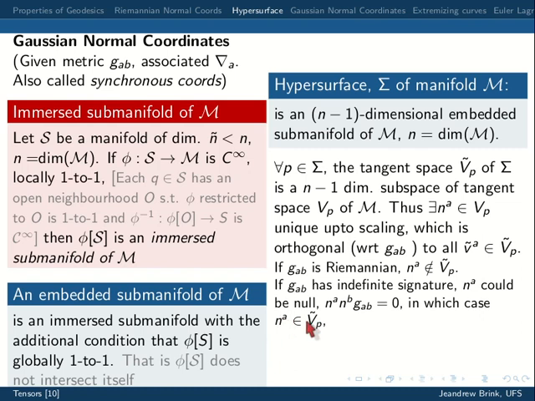So the condition that determines n, okay, is that it's basically orthogonal to all the vectors inside the tangent space, but if all the vectors inside the tangent space are null, it can actually lie in the tangent space.